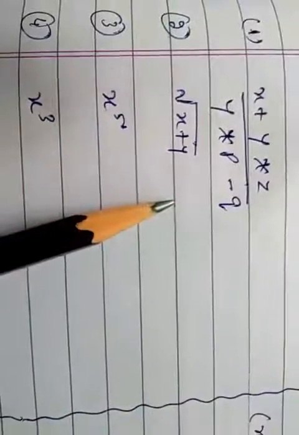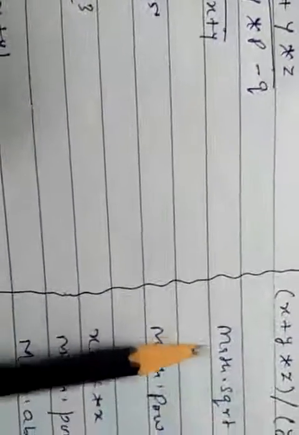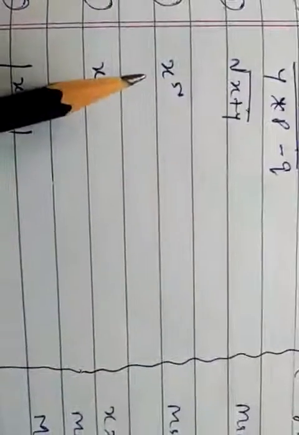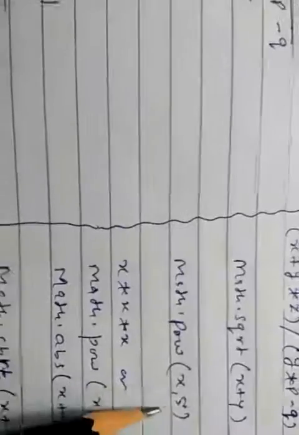And how will you write the square root? So this is the square root of x plus y in maths, and in case of Java we will write math.sqrt and inside the bracket x plus y. Now next, here we want to write x raised to the power of 5. So in Java this will be math.pow(x, 5).